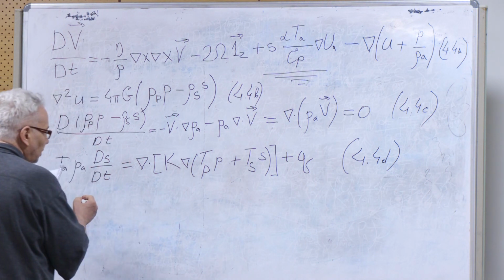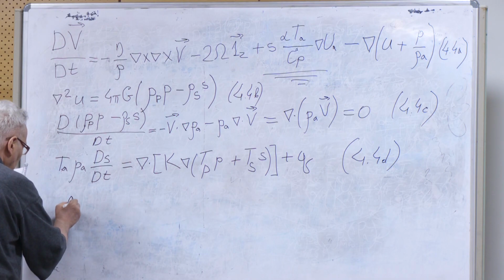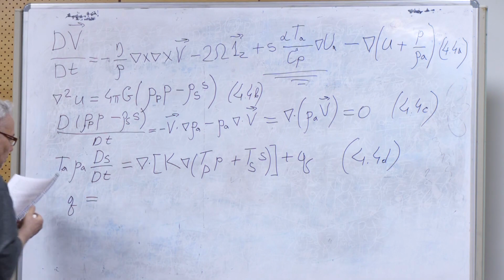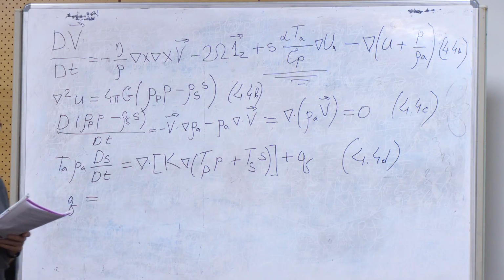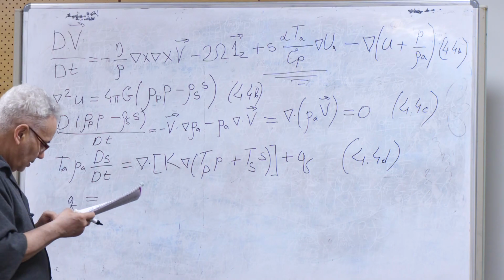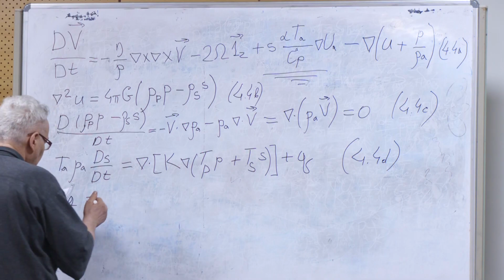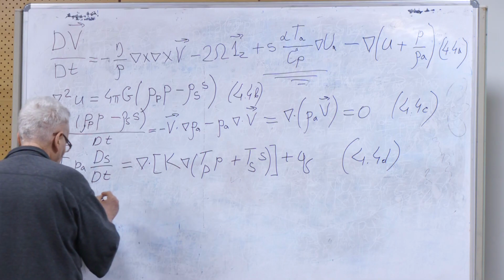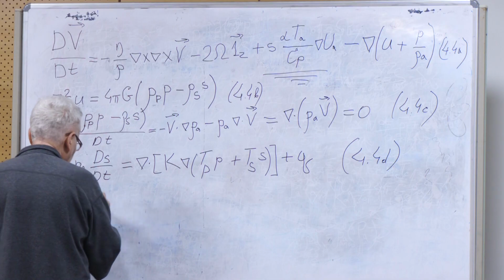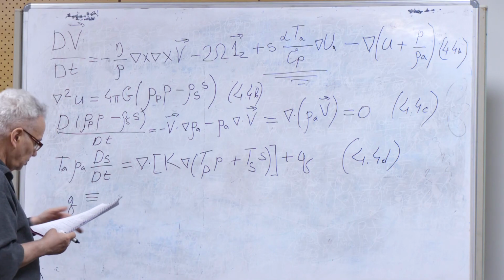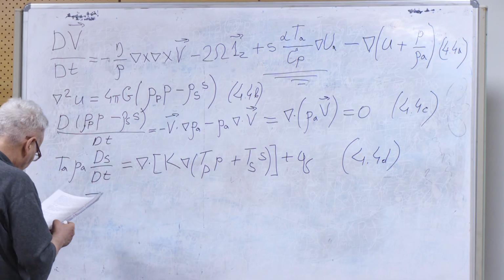So let's write it down: small q, small in value but rather big in importance. Let's suppose that it's given by definition.